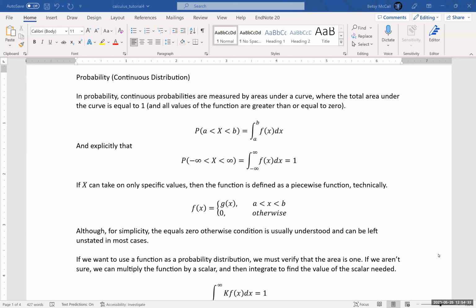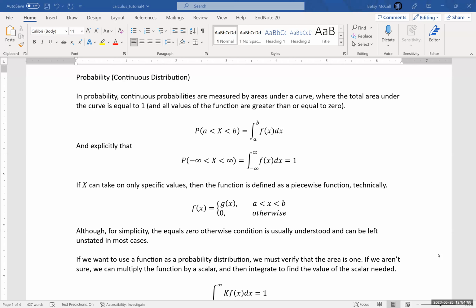There is a function that defines the distribution. And if we integrate that probability curve, it's usually called a probability density function. If you integrate that over the domain of where it's defined, where it's not zero, that area needs to be equal to 1.